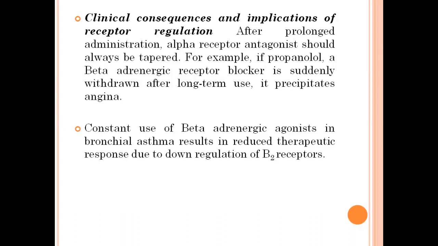Constant use of beta adrenergic agonists in bronchial asthma results in a reduced therapeutic response due to the downregulation of beta 2 receptors. So these are the clinical consequences. Sometimes downregulation or upregulation can happen because of the receptors to which the drug will bind. Hope it is very clear to you students up till here.